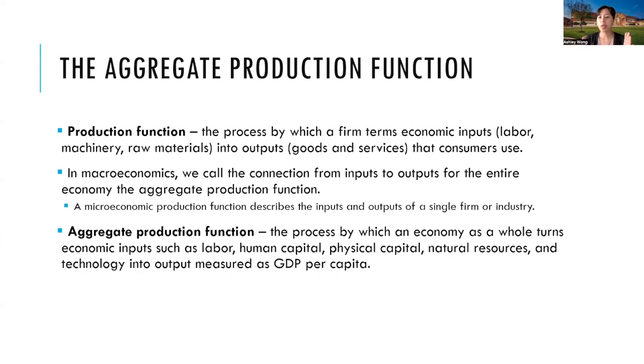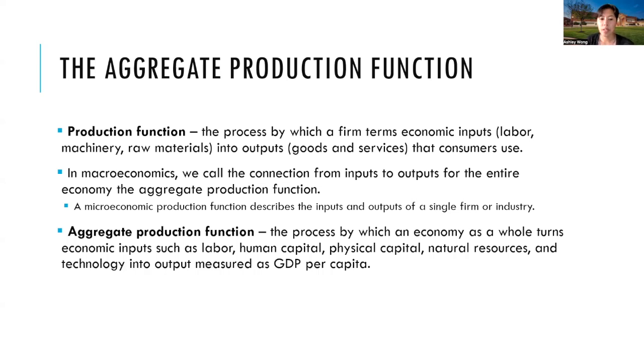So we can think of the production function as a machine with a conveyor belt. So there's a conveyor belt here, and then there's a sort of black box machine where all of the production is occurring. And so we take our inputs in on the conveyor belt, they go into that machine, production occurs, and then on the other side of the conveyor belt, out come our outputs. So that little machine in the middle, we would consider our production function.